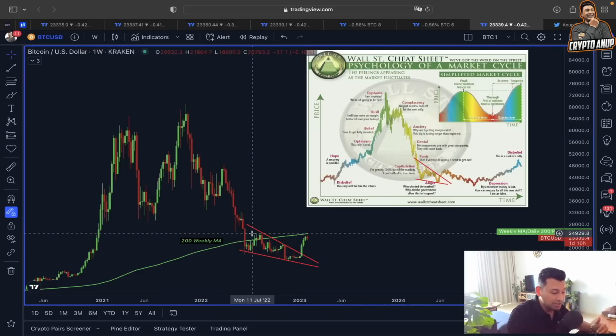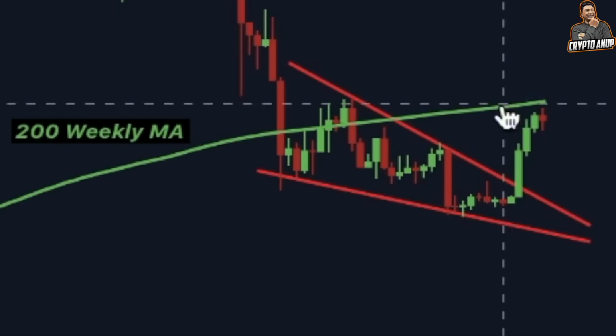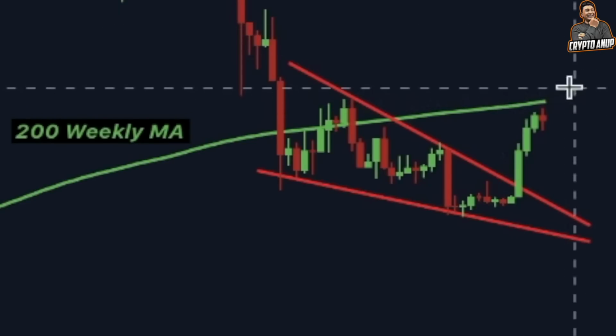So you can see we did have this breakout from this falling wedge, just like I showed in an example. I showed you guys this 200 weekly moving average is going to be looked as our target area around 24,500 to 25,000 range.